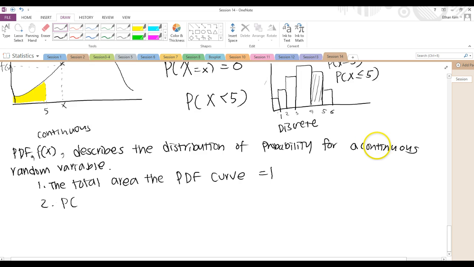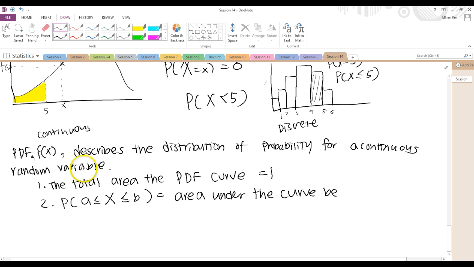And the probability that x is greater than or equal to a and less than or equal to b is the area under the curve between a and b. And third, f of x is greater than or equal to 0 for all x, because probability cannot be negative.